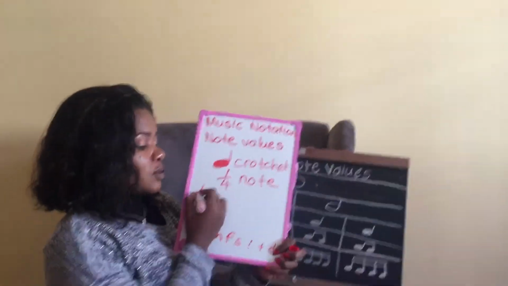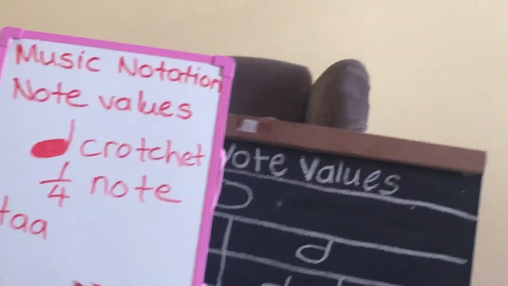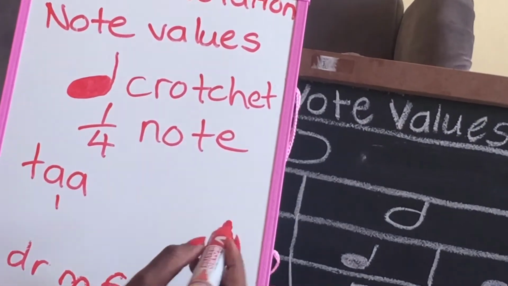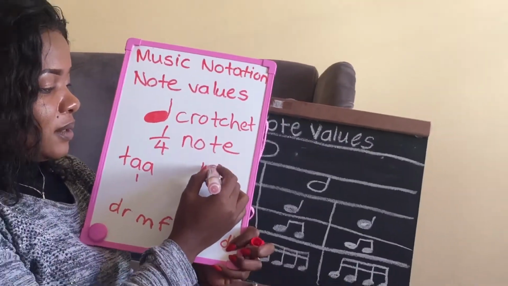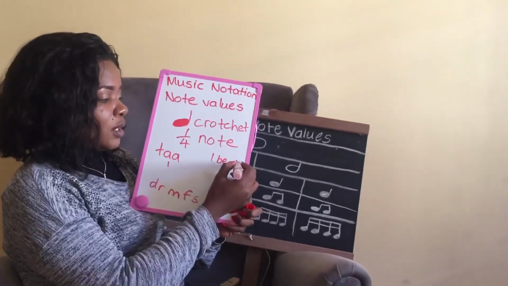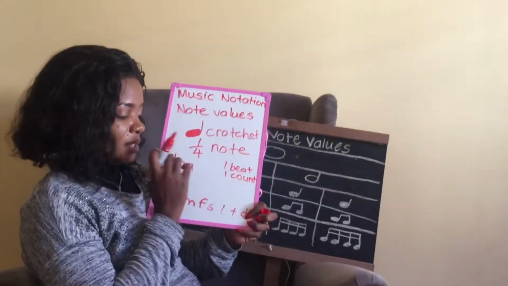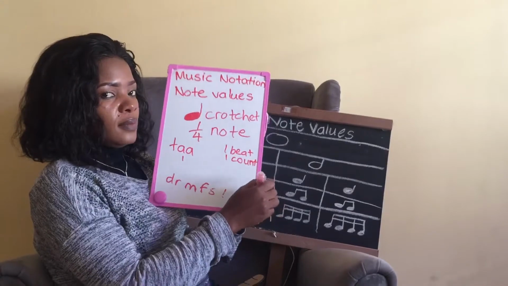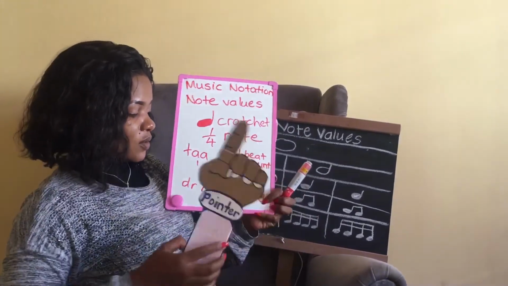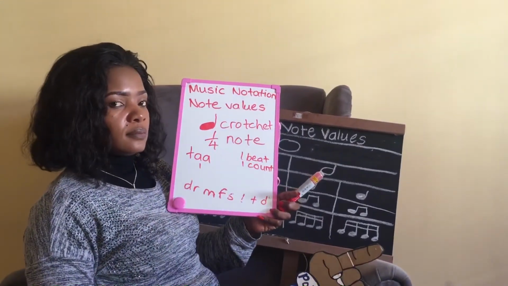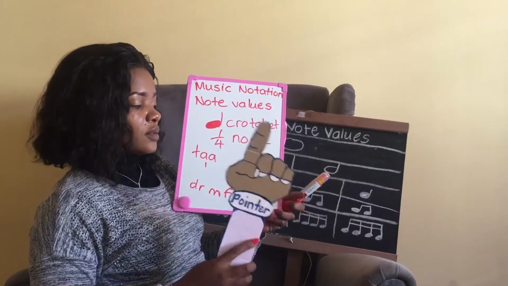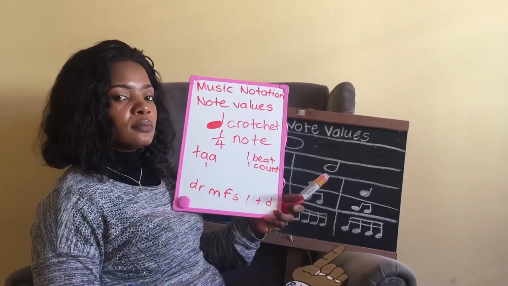It has 1 beat, ta. You can call it one count, which is ta. So when we are playing it, we just go ta. If it's a do, we just go do.